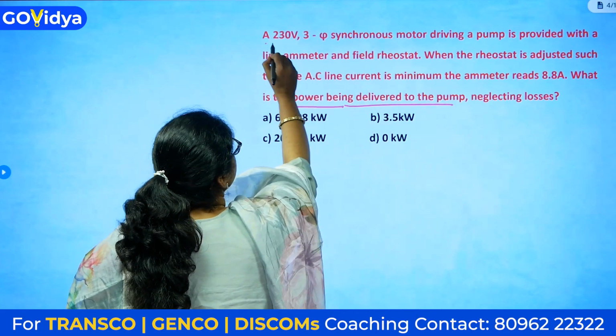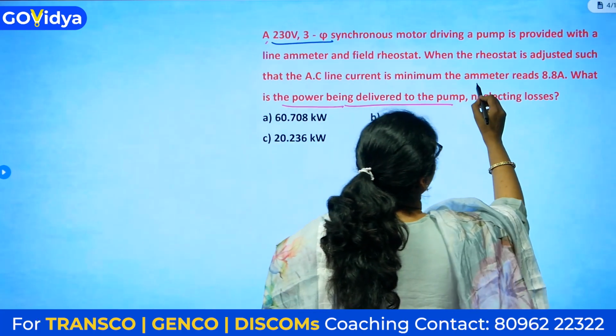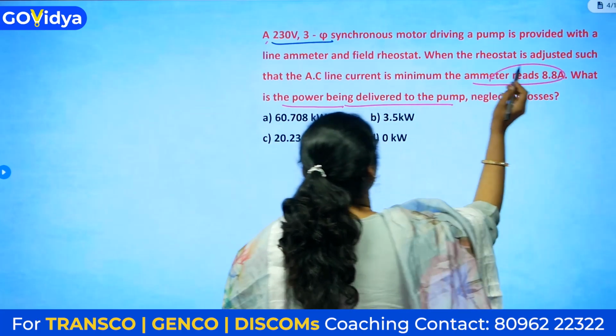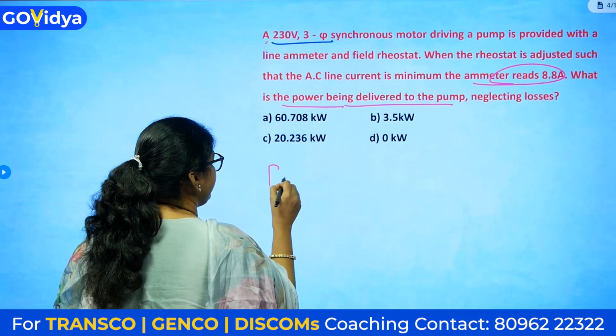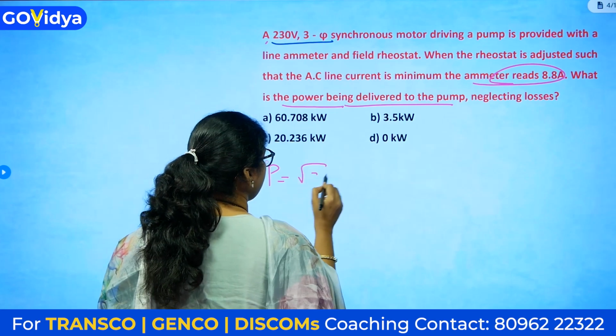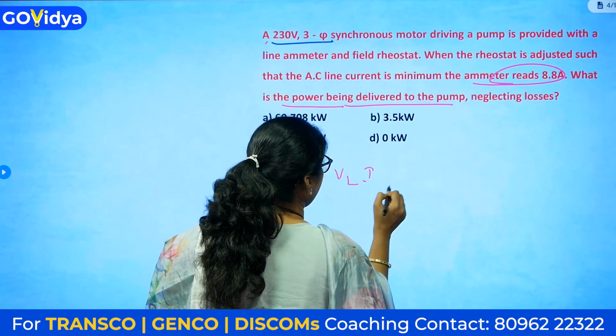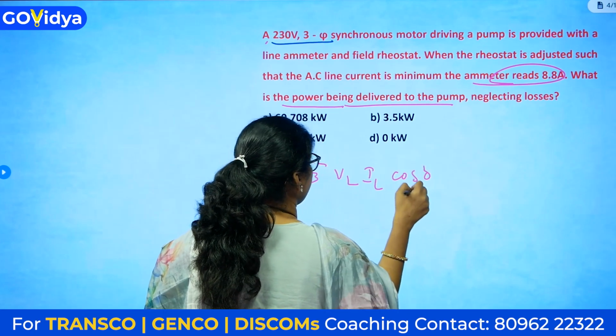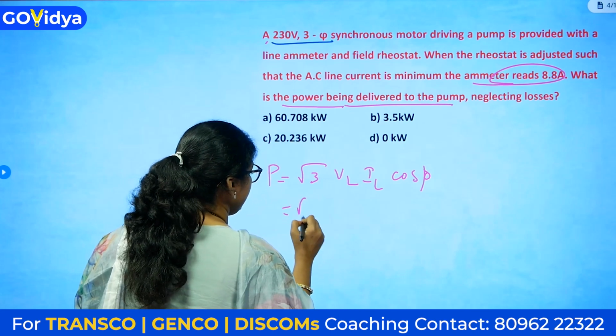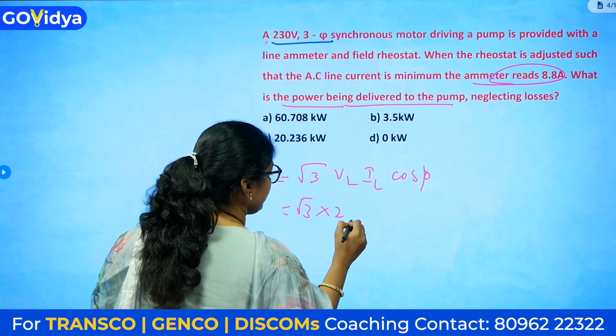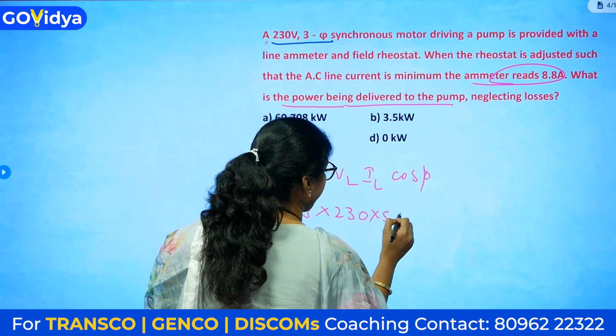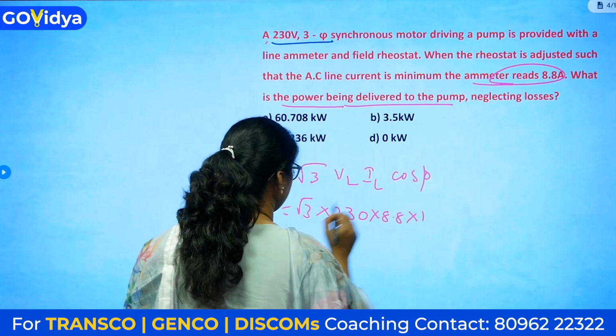In the question, a 3-phase 230 volts and the ammeter reads 8.8 amperes. So power delivered, P is equal to root 3 VL IL cos phi. So root 3 into VL is 230 volts and current is 8.8 amperes into 1.